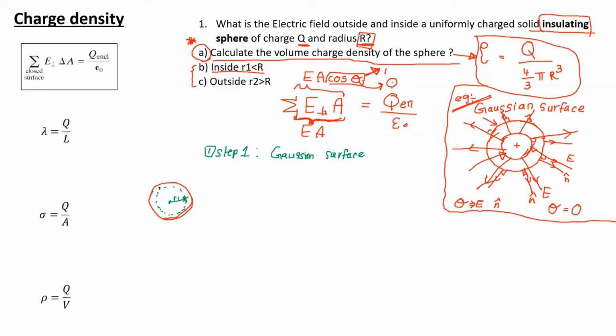So you want to find the electric field at a location like this, right? Inside the sphere at R1. So here I drew a Gaussian surface. Are you okay with the location I drew the Gaussian surface? Yes? Okay.